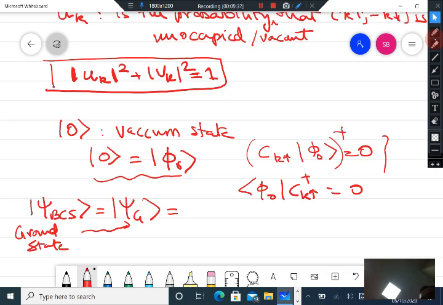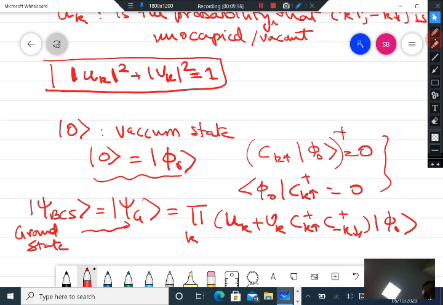So these are some things that you should be familiar with. Now let us write down psi BCS or psi g, whichever one, as the product of uk plus vk ck up c minus k down dagger on phi naught.